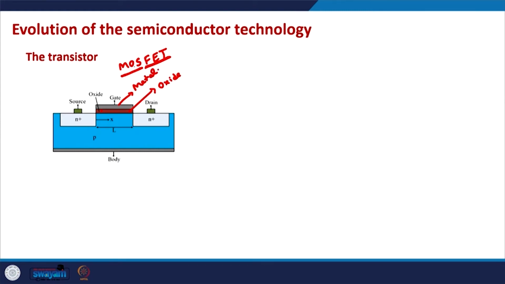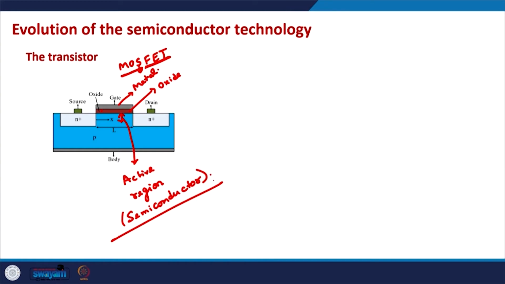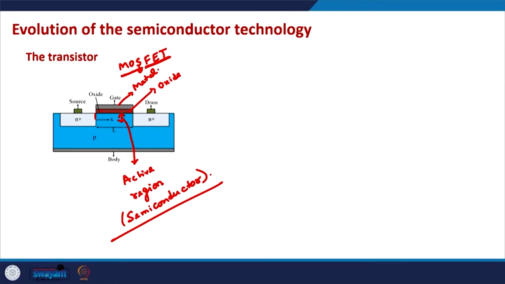And just below the oxide we have the semiconductor, where the actual active region of the device is. This active region is made out of semiconductor material. So we have a stack of semiconductor, oxide, and metal, and apart from this stack we have the contacts, the left contact and the right contact.